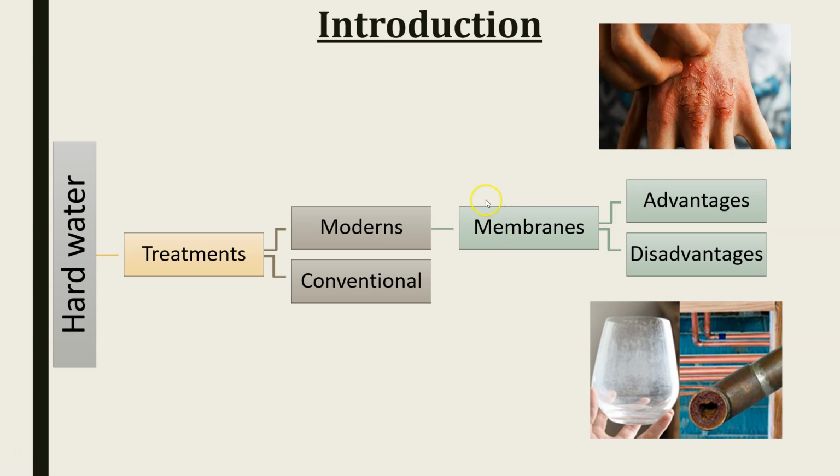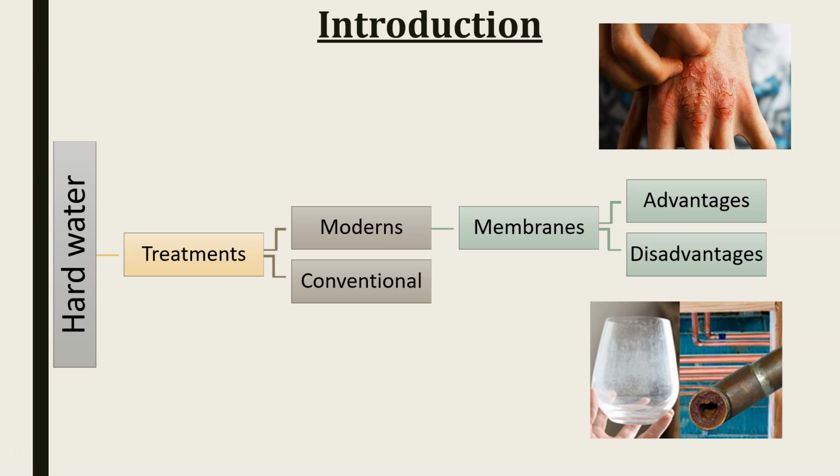Of the latter, membrane technology has great potential because it has big advantages such as being a clean technology, requiring no chemical solvents, and having efficiency equal or superior to other methods. However, it presents disadvantages, such as membranes suffering from biofouling and mechanical damage.